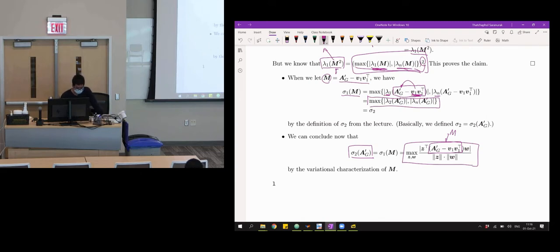We define sigma 2 to be the maximum over all i which is not 1 of the absolute value of lambda i of A prime, which is the same thing as this.